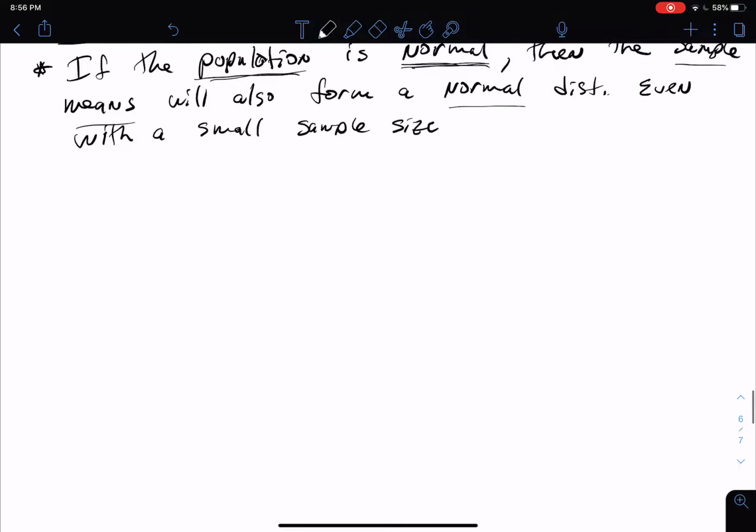So this is kind of what we're talking about. Let's say here's the population, and it's coming from a nice normal distribution.